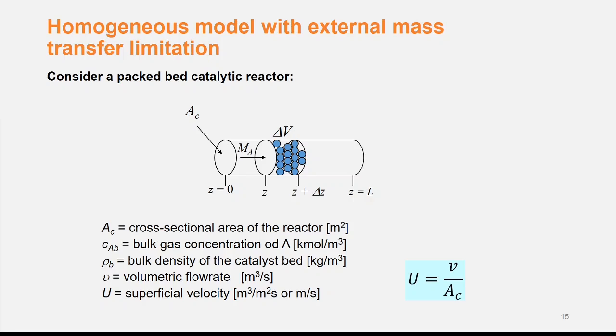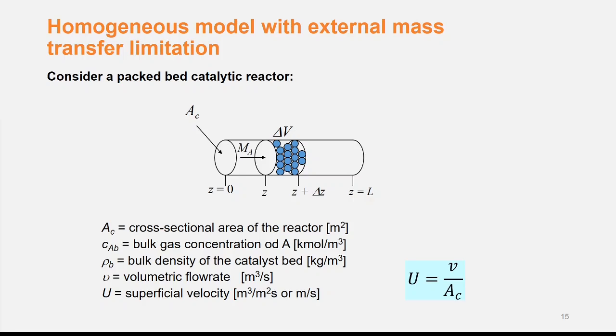In a homogeneous model, you consider all phases together as one, so gas plus solid together, or liquid plus solid together. Since we don't account explicitly for the solid as a separate phase, we use the overall effectiveness factor, omega, to account for its effect on the overall reaction rate.